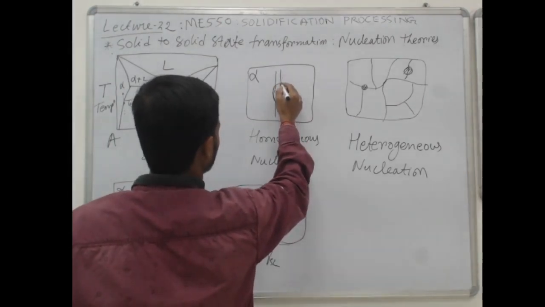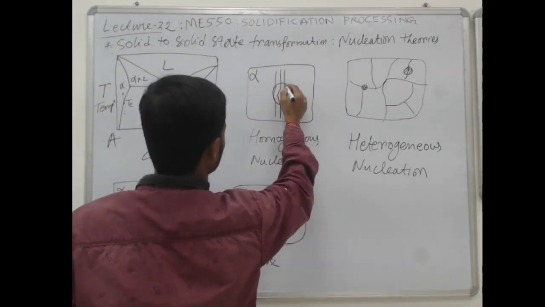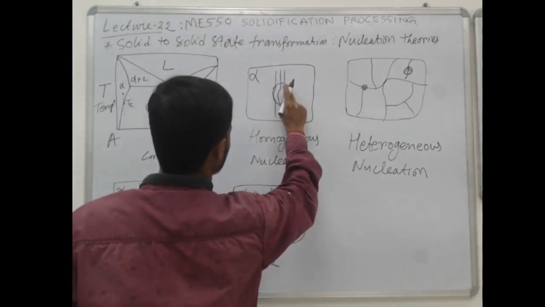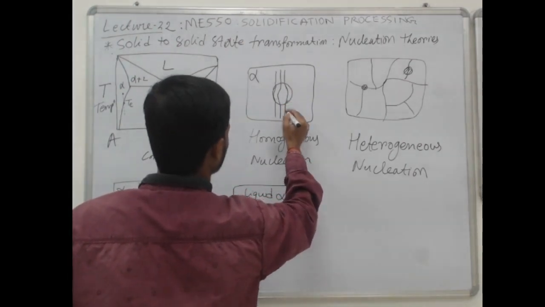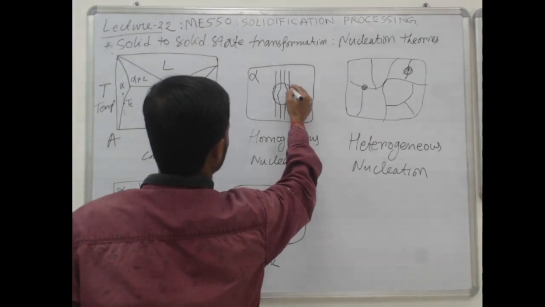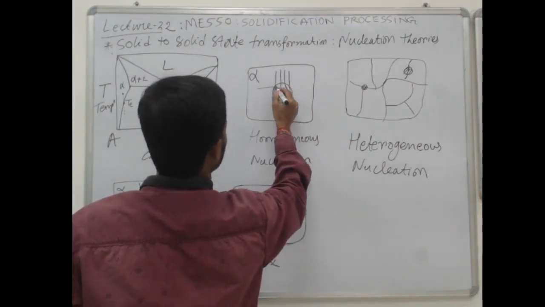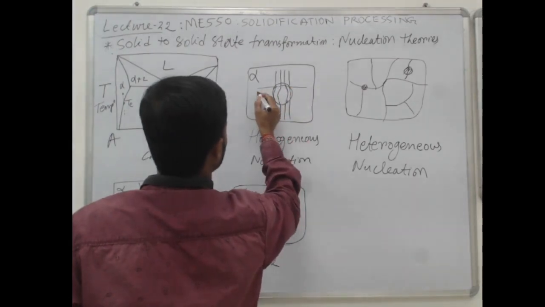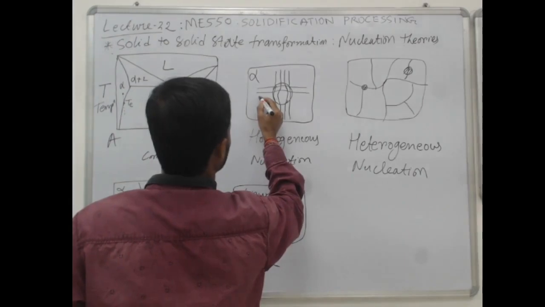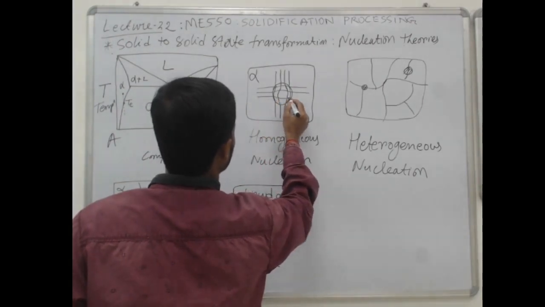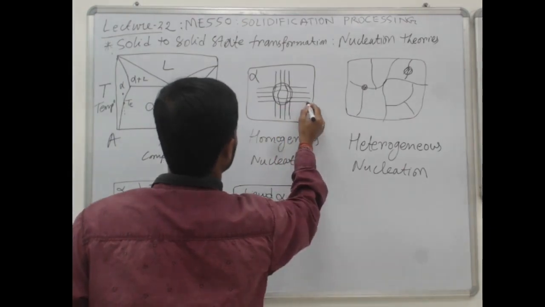So we can consider a shape like this. So what is happening?